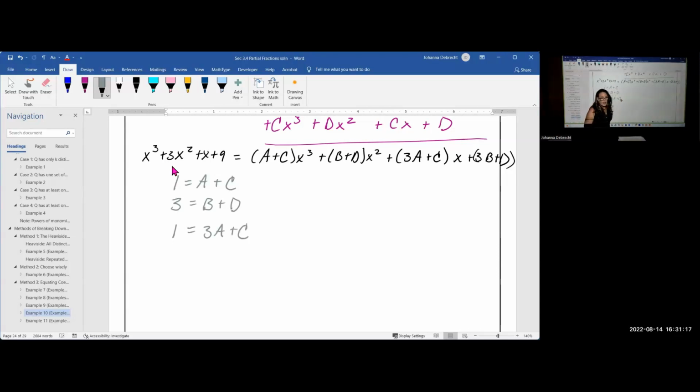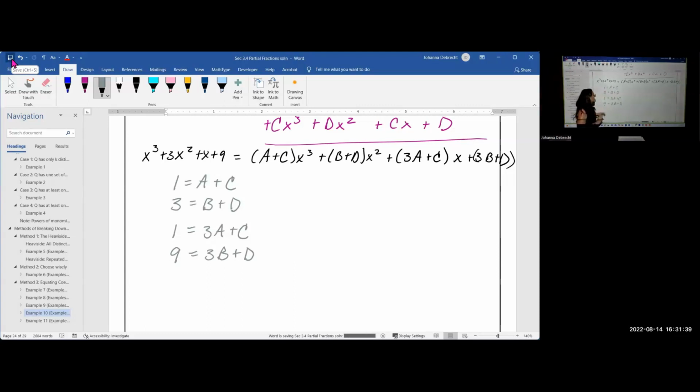And then I have, making sure that I have all of this written down, the last one: the constant on the left is 9, and everything else on the right represents the constant. So I have 9 equals 3b plus d.